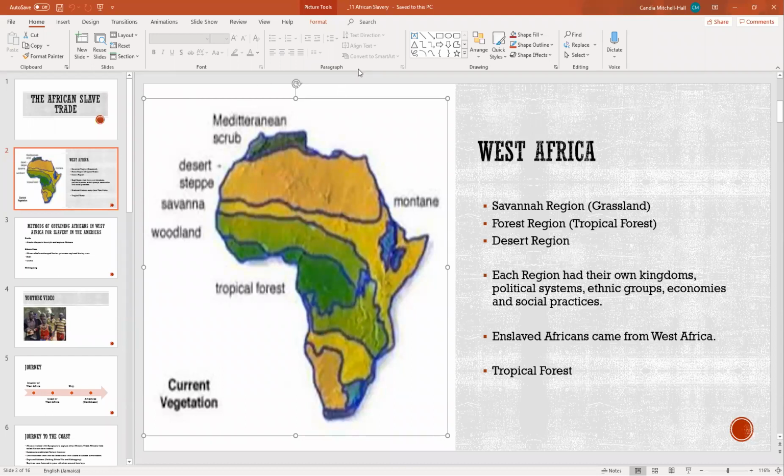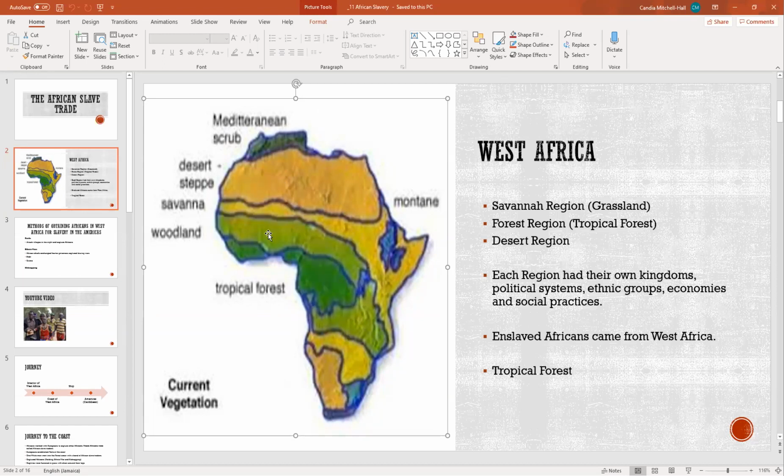Africa is divided into different kingdoms. Right now, Africa is divided into about 54 different countries. But before Africa was divided into countries, you had kingdoms, with different ethnic or tribal groups all over Africa.